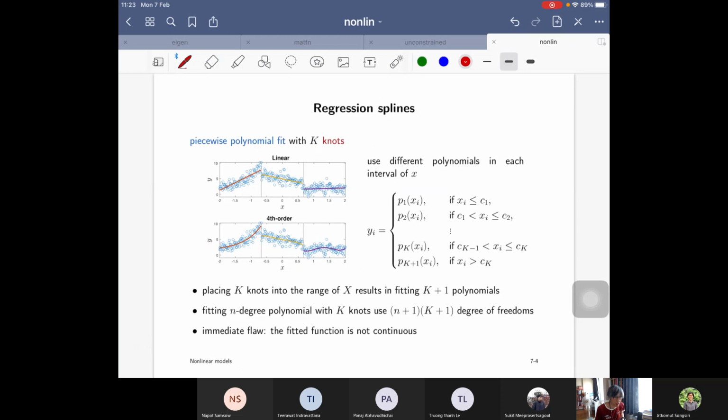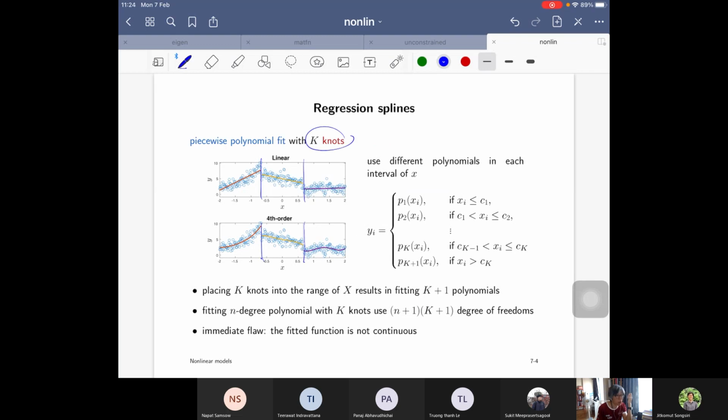So regression splines, the definition is basically this. You have predictors x. You user-define knots, or breakpoints. Suppose the breakpoints in this picture are indicated by the vertical lines.